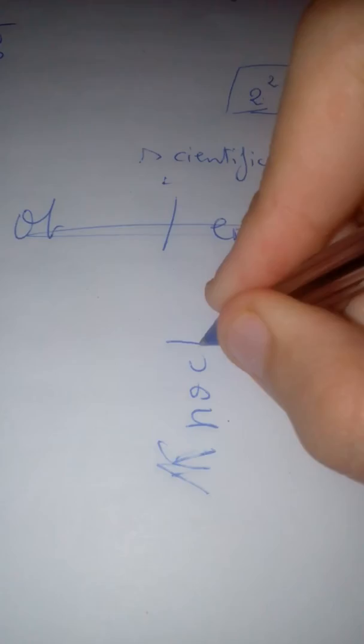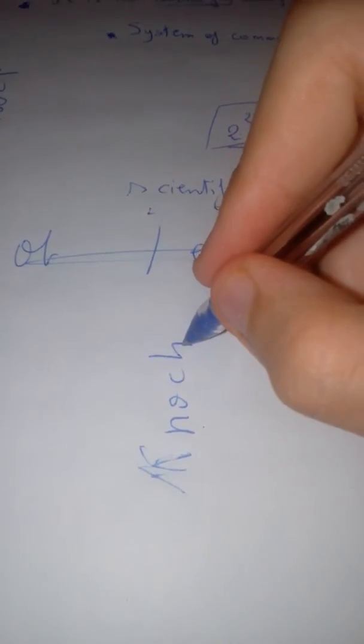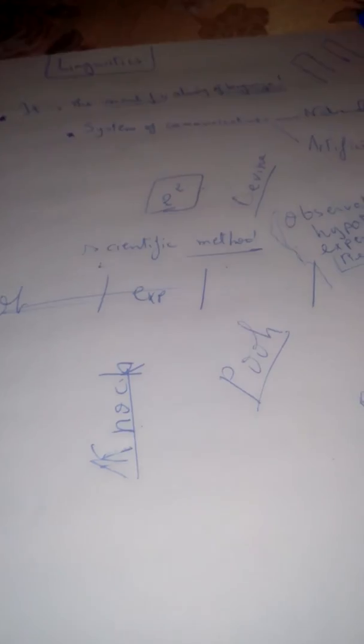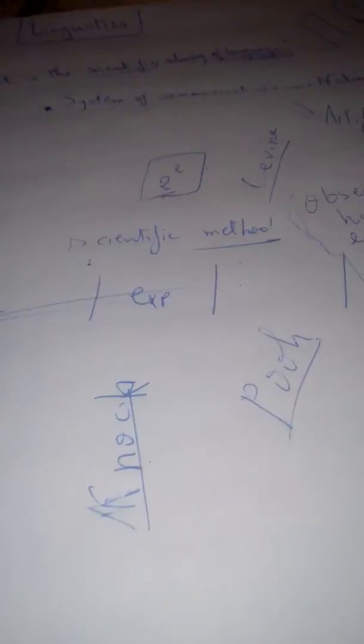For example, the word knock. No, sorry, this is a K. Knock. The word to knock. When you say knock, knock, the word knock sounds similar to the action it describes. This is what we call an onomatopoeic word.